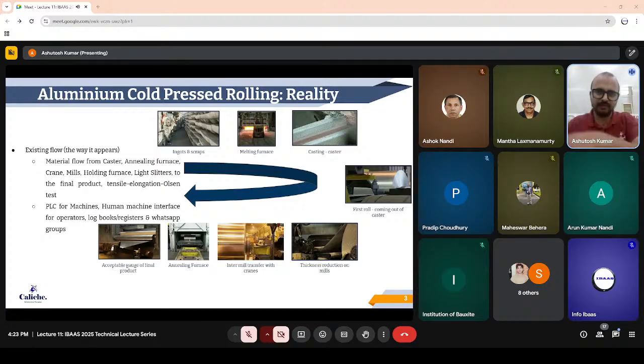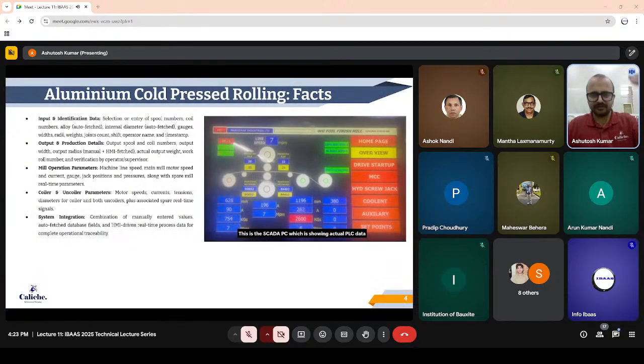The material moves all the way from the furnace caster to multiple equipment with the help of cranes, and there are holding and annealing furnaces.